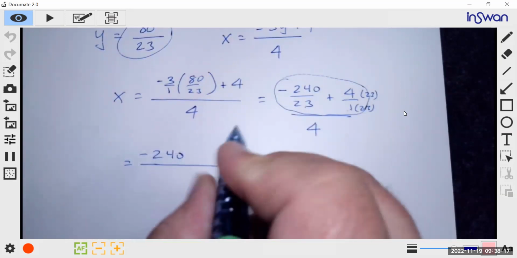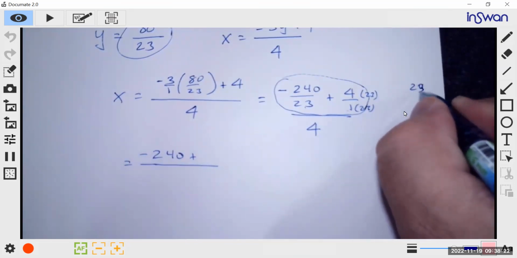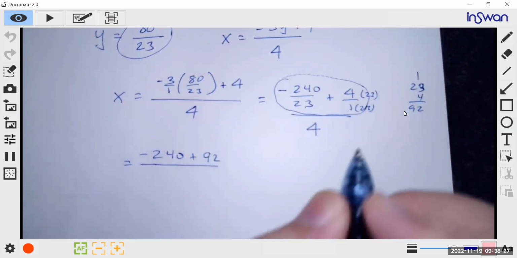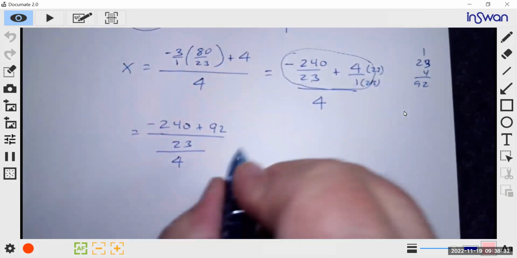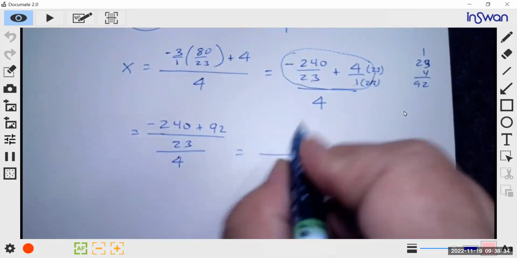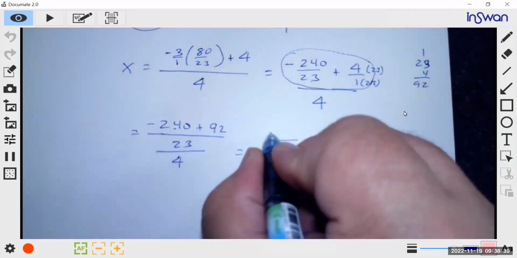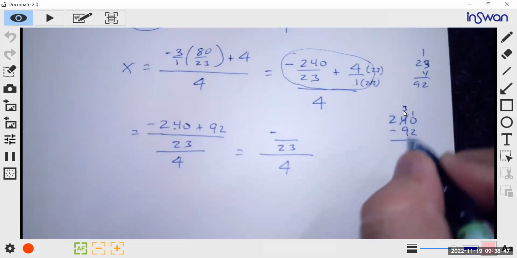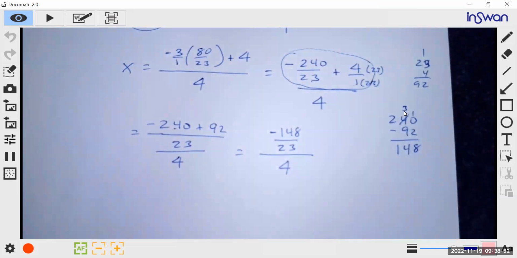Negative 240, 23 times 4 is 92, over 23. 240 is bigger, so the answer is negative. 240 minus 92 is 148, so it's negative 148.